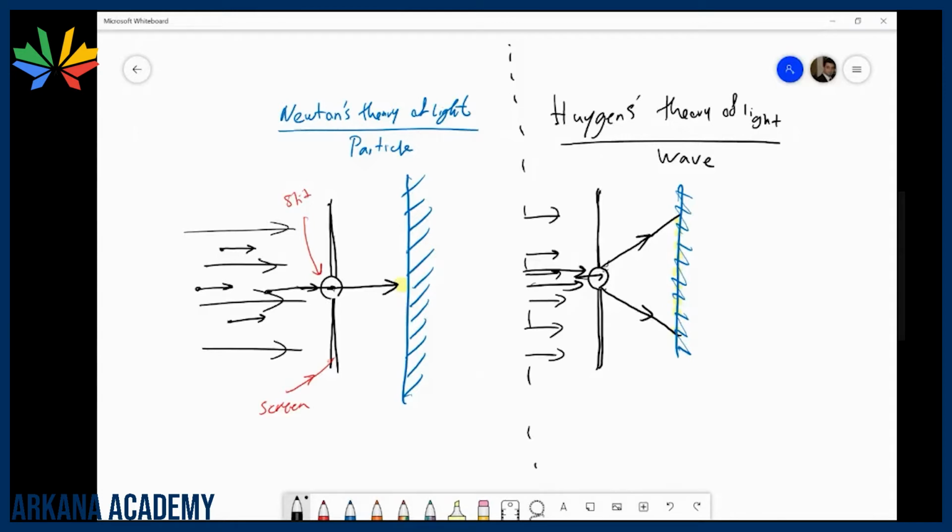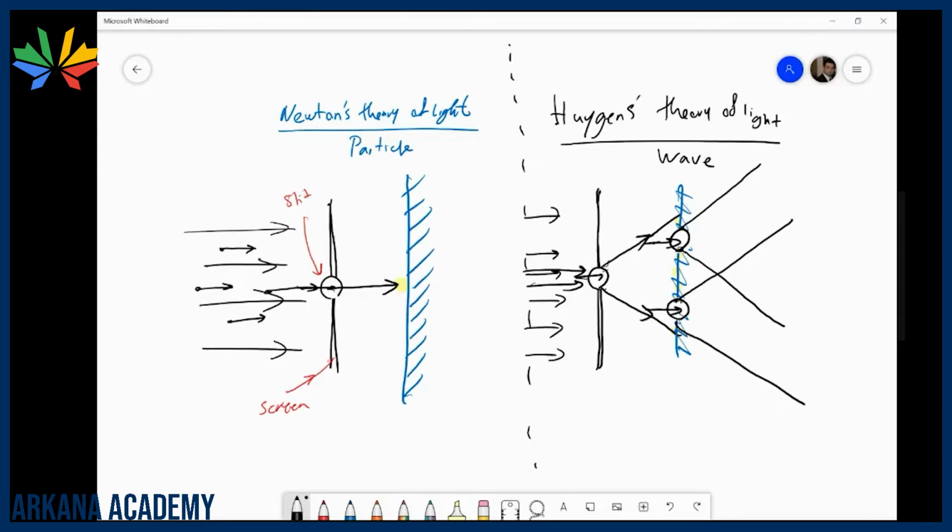Young's experiment went one step further and made two openings in the second screen, letting the light pass through two openings. Some of the light passing through this opening is going to expand again, and some of the light passing through this opening is also going to expand again.